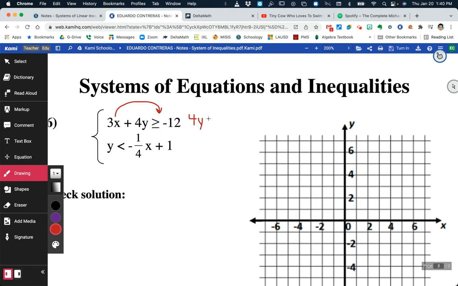Four y is greater than or equal to negative 3x minus 12. Okay. Divide out the 4.